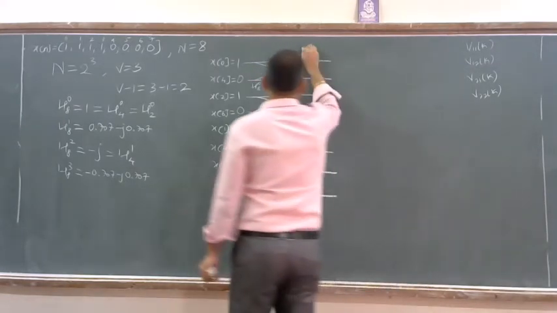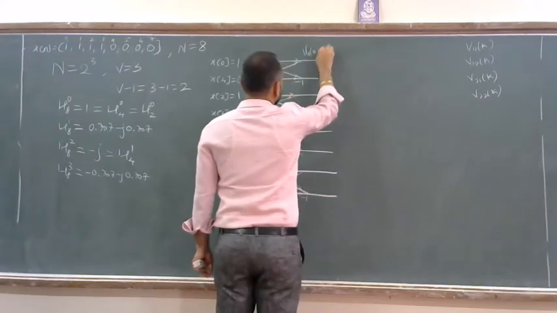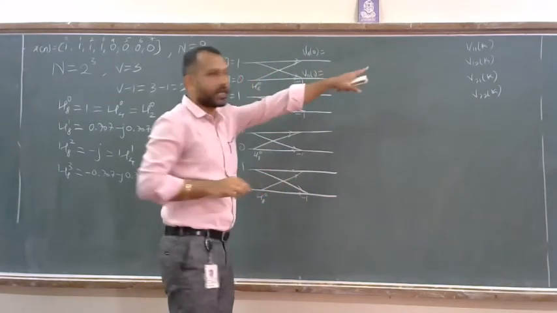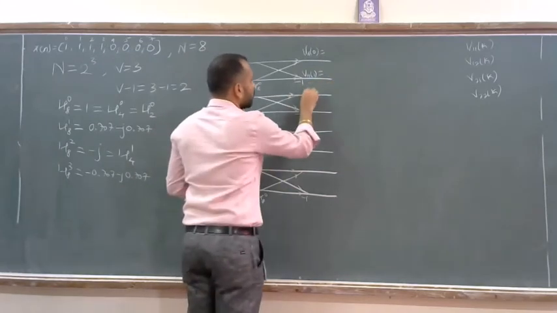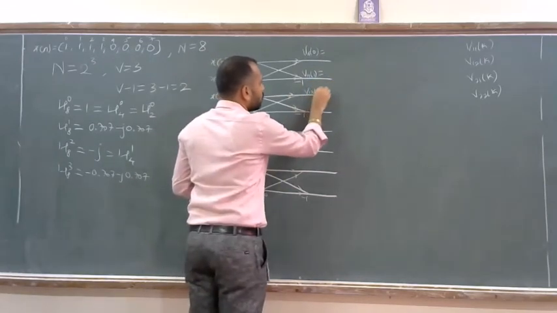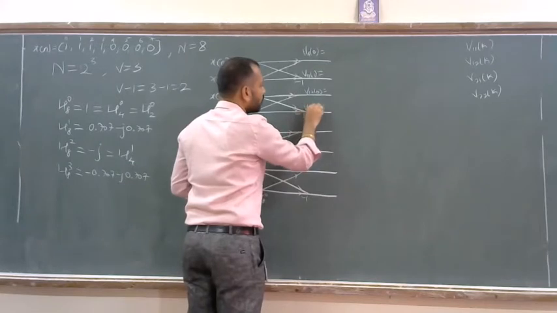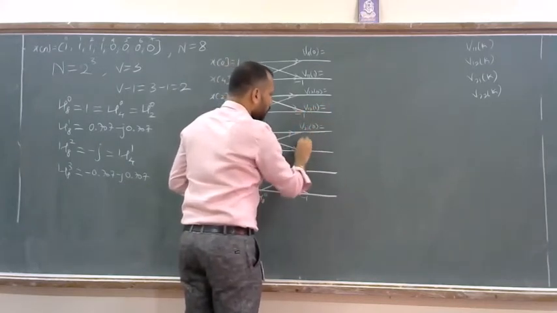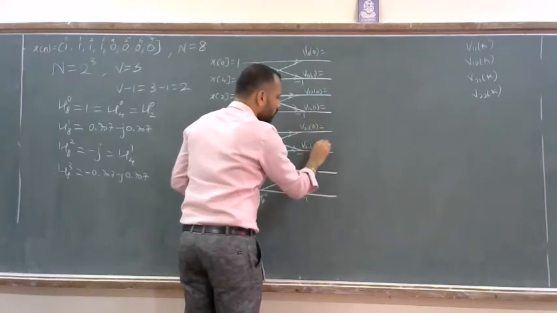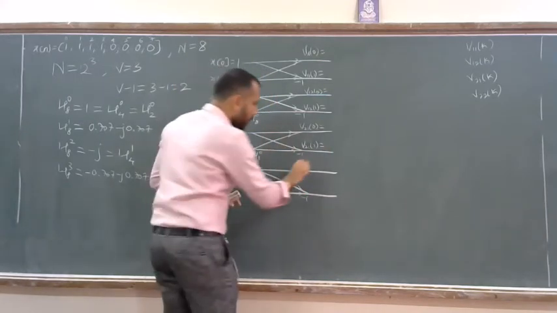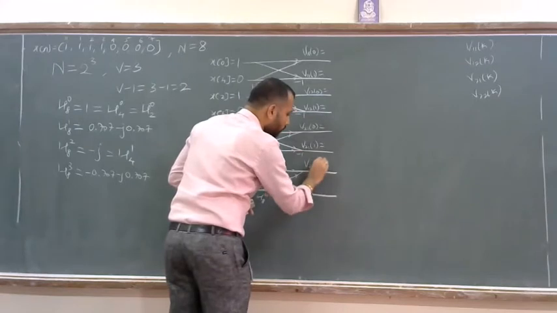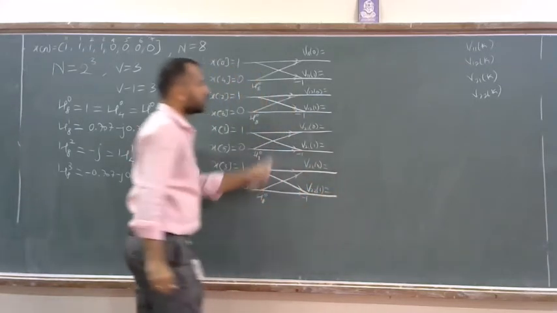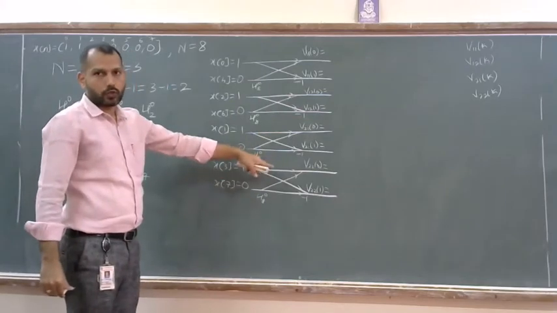Now, let us write them: V11 of 0, V11 of 1, first 2-point DFT; V12 of 0, V12 of 1, second 2-point DFT; V21 of 0, V21 of 1, third 2-point DFT; and lastly V22 of 0, V22 of 1, the last 2-point DFT.